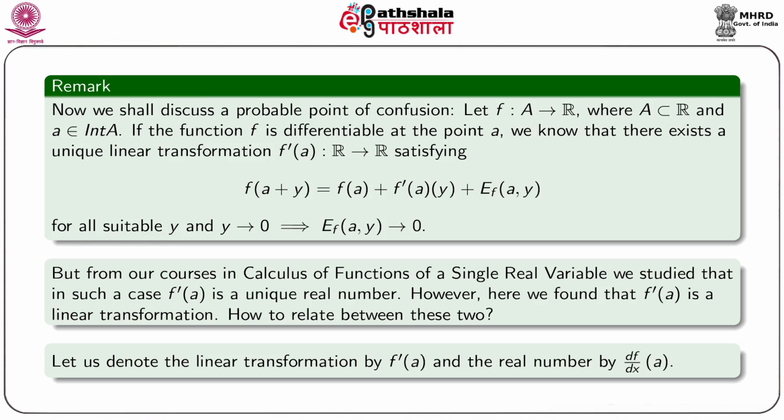So when n equals 1, f dash a is also a linear transformation. But when one studies single variable calculus, one finds f dash a is a real number. So this is a possible point of confusion. What is the relation between these two? We shall discuss it here.